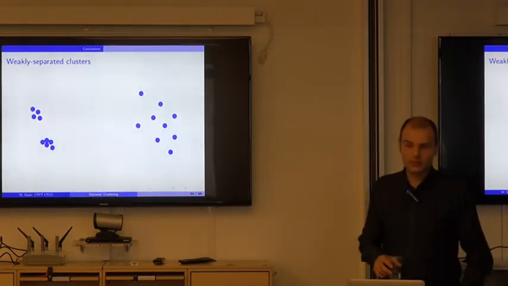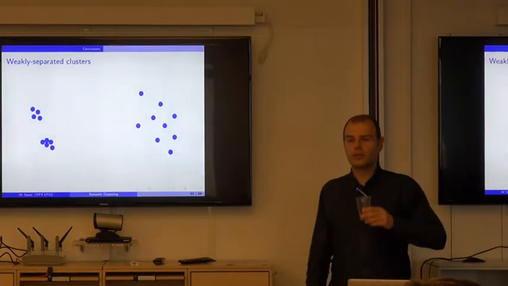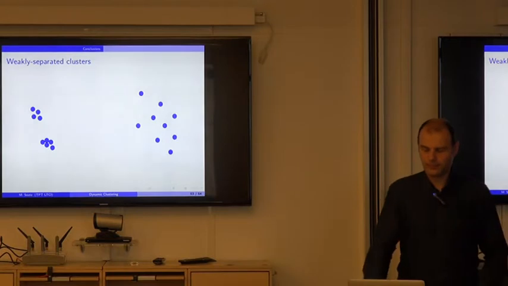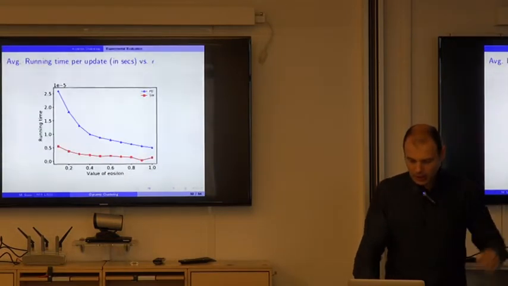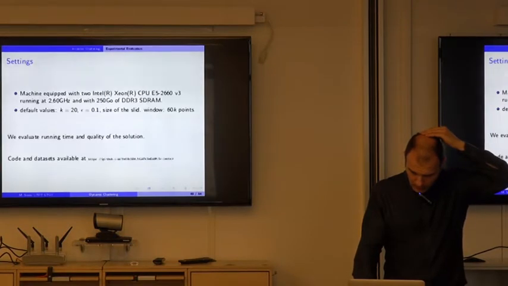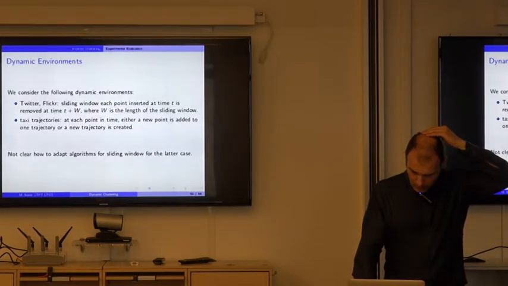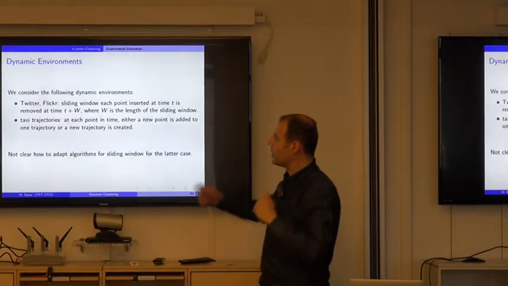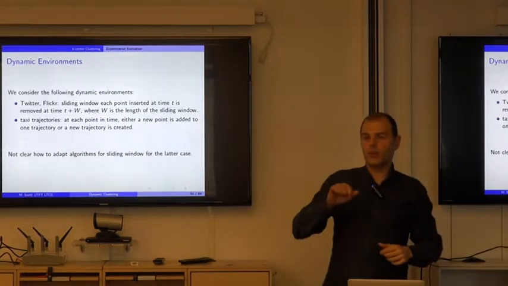How did you consider deletions in the data sets? Because I see how naturally you consider additions, but... Very good point. All right, so this is what we did. In the case of Twitter, we maintain a sliding window.